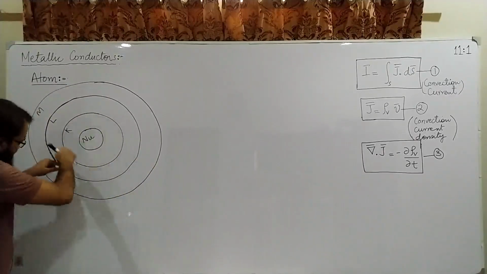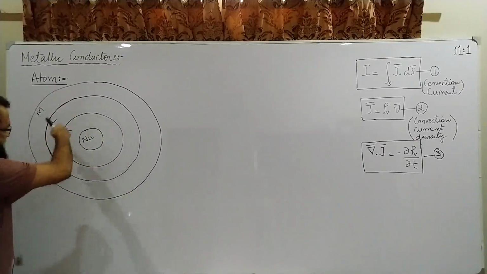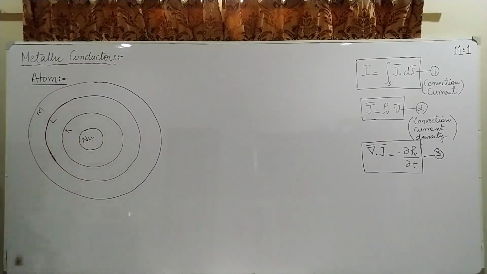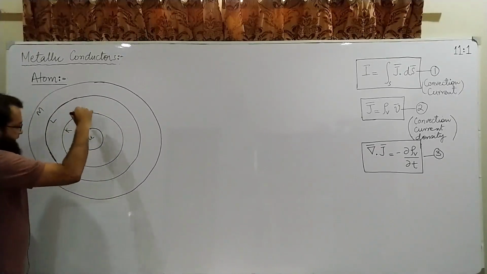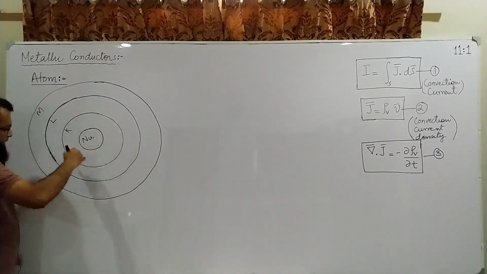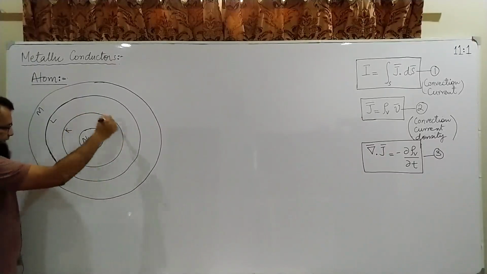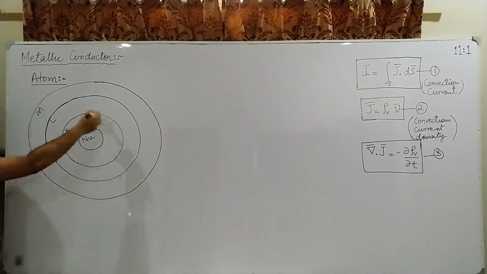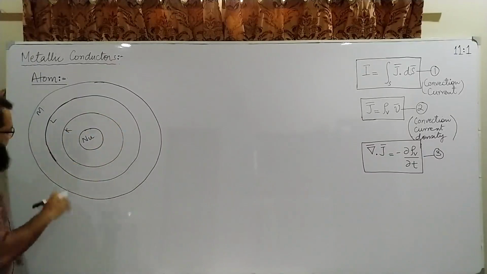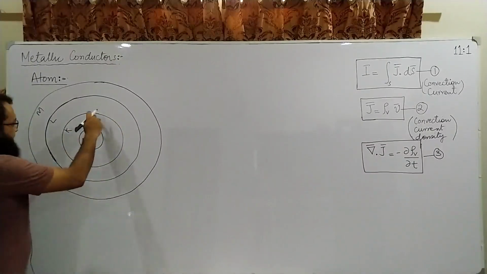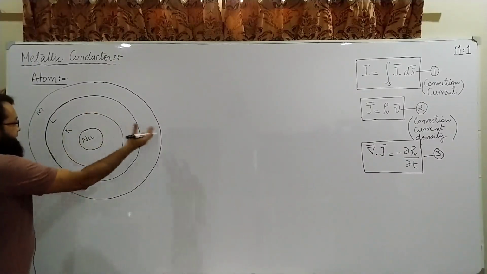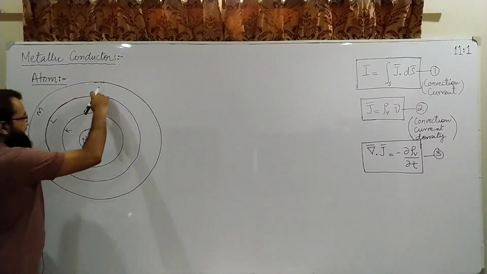So if an electron is present in this orbit and is somewhere in this cloud, it has got certain energy, and as soon as it acquires energy from external sources, it will jump to the next energy.